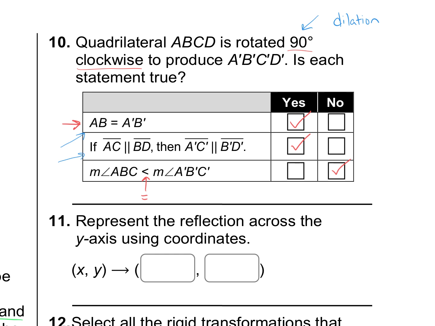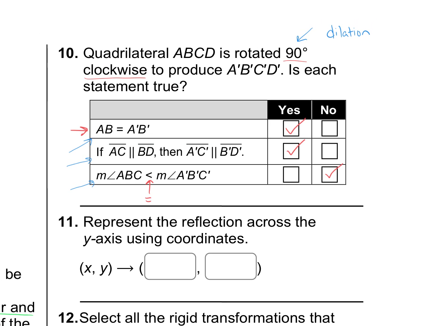Yes. They would still be parallel to each other, okay? Again, length does not have anything to do with whether they're parallel or not. Would the angle measures stay the same? Yeah. The angle measures would stay the same, okay? All right, so rotation, reflection, and translation work the same. Dilation is the one that you have to be a little careful with, okay? Any questions on that one?